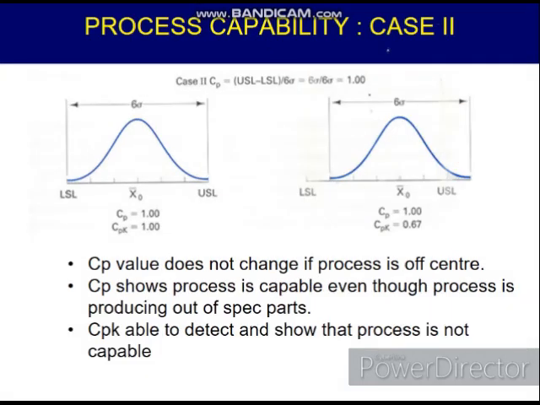Let's take a look at case number 2. This is again similar to the case that we discussed earlier, where in case number 2, the upper spec limit minus the lower spec limit is equal to 6 sigma, divided by 6 sigma, so you get CP equals 1. Right? So for this particular case, if the process is again centered, then the CP value and CPK value will be the same.